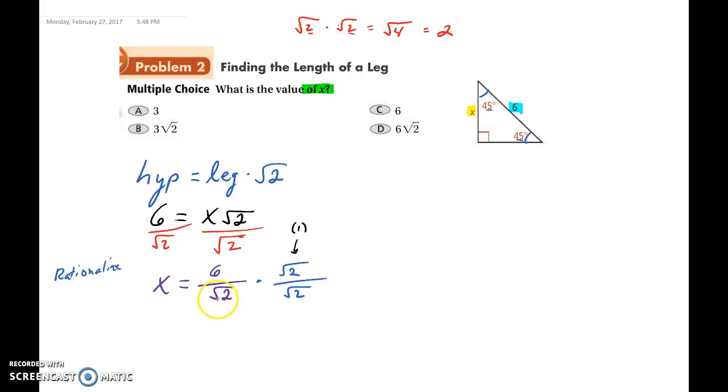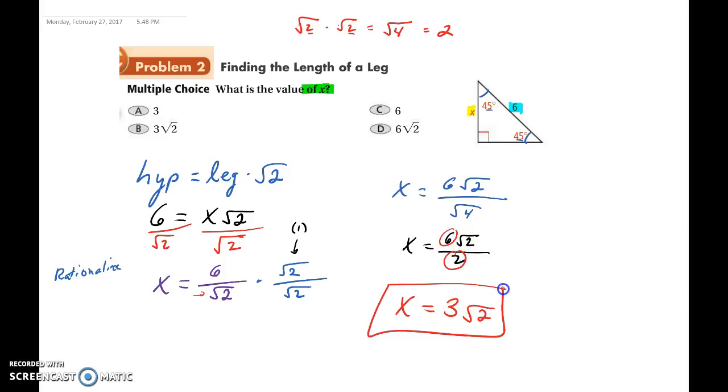So by doing that, it eliminates the radical in our denominator. So after we multiply, x would then be equal to 6 times the square root of 2 over the square root of 4, which we know is going to be 2. So x is equal to 6 square root of 2 over 2. And then we will simplify one more time because 6 and 2 can reduce. So 3 square root of 2. So that means each of these sides is equal to 3 times the square root of 2.